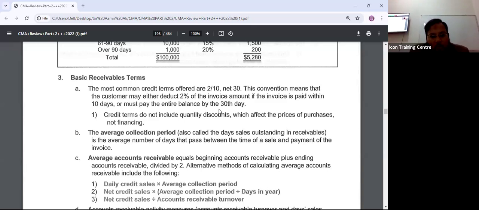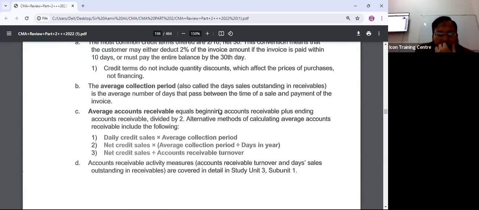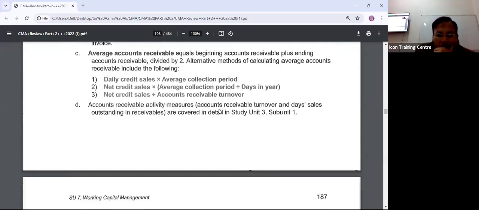Now, the credit terms do not include quantity discounts, which affect the prices of purchases, not financing. Now, the average collection period and average account receivable days, we have already discussed.